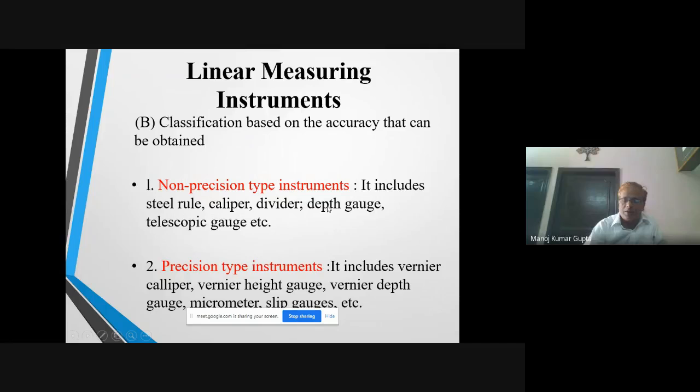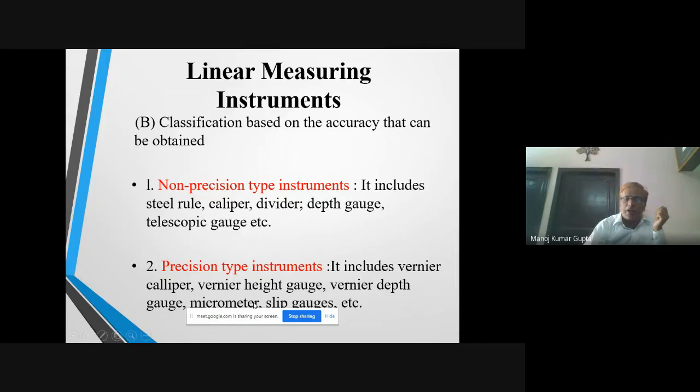Depth gauge is there. I have shown you the telescopic gauge. We will see it in the next slides. Precision type instruments: vernier caliper, vernier height gauge, vernier depth gauge, micrometer, slip gauges. These are precision type instruments. We can do the measurement precisely. The steel rule is also precise to some extent, but not to that extent.